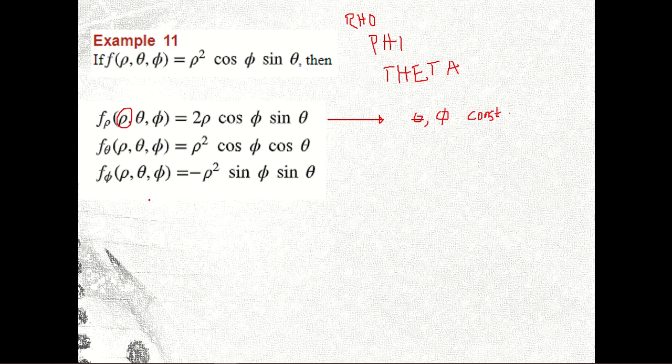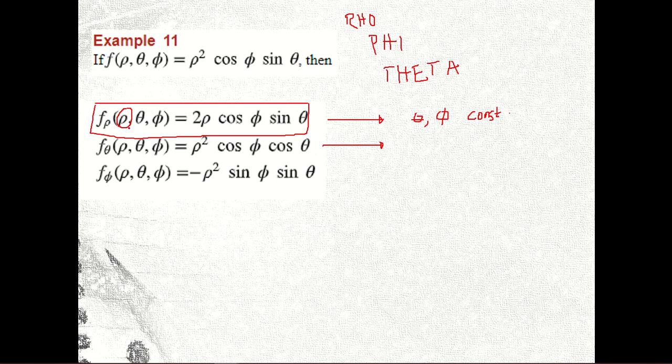All right, and we get this result, and then apply the formula for the derivative. Cosine of a constant is constant, sine of a constant is constant, so we take only the derivative of rho squared. All right, derivative of this using the power rule, so we have 2 rho.